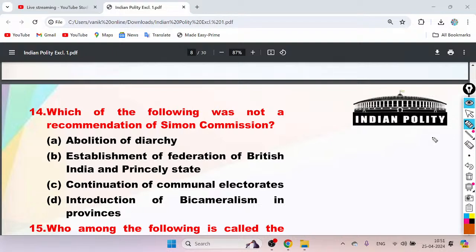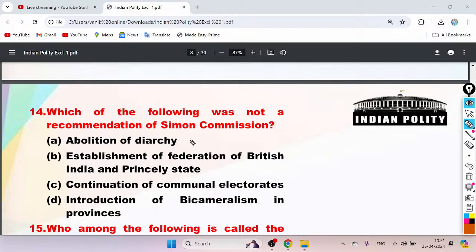It came to India in 1927 and submitted its report in 1930. It made a tremendous contribution, which formed the basis of the Government of India Act 1935.